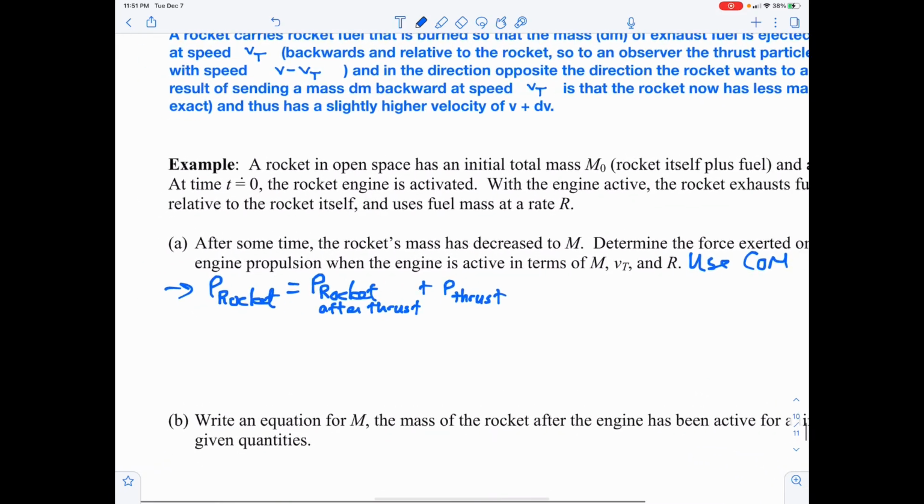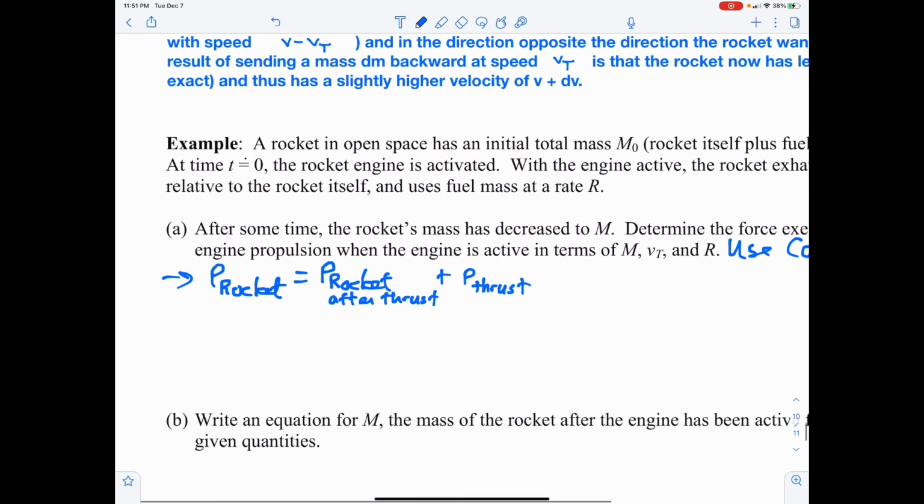Mathematically, that would be mv equals m minus dm times v plus dv. The rocket is less massive because you're expelling gas backwards and it's going slightly faster. And then plus the thrust, which is dm, the mass of the thrust, times its backward velocity of v minus vt.